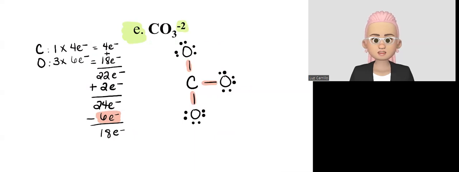Now all the oxygens have 8 electrons, and we utilized the 18 electrons that we have available for bonding in this molecule.